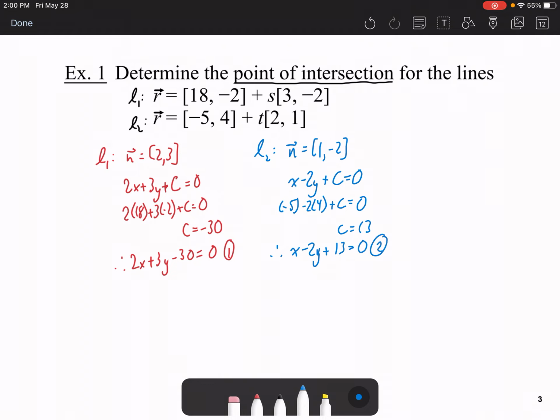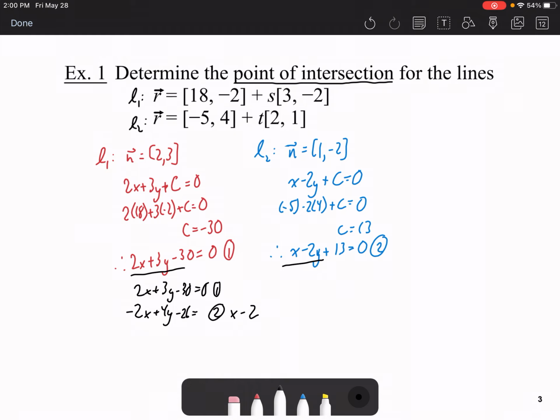From here, in order to solve for my point of intersection, and I know there's going to be a point of intersection because these two normals are totally different, I'd probably use either elimination or substitution. So I'm going to take my first equation, leave it as is. I'm going to take my second equation and multiply by negative 2. This way I'll eliminate the x variable when I add the equations.